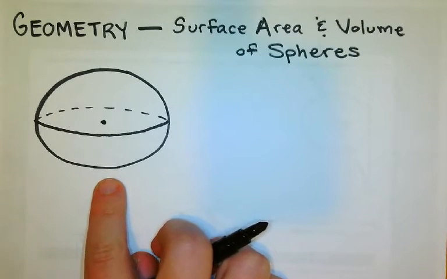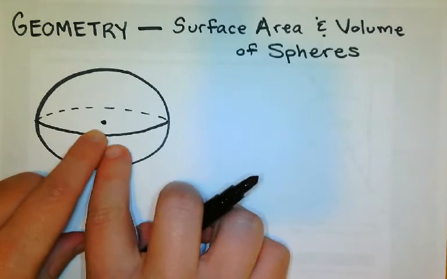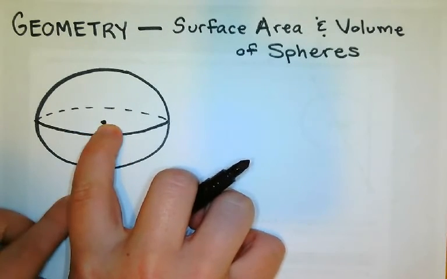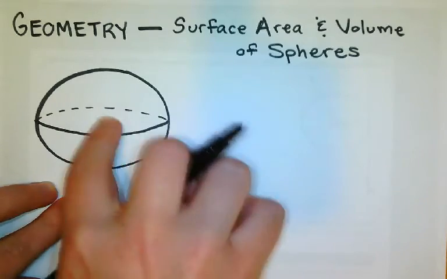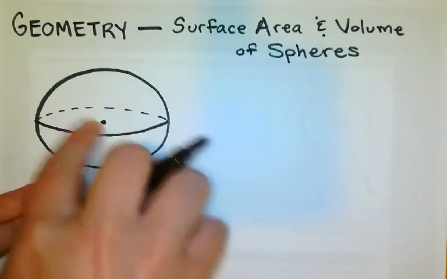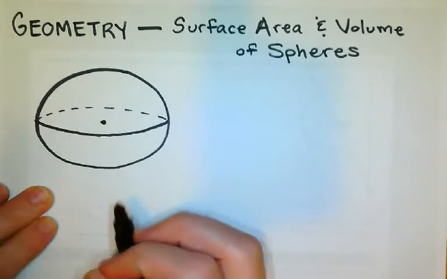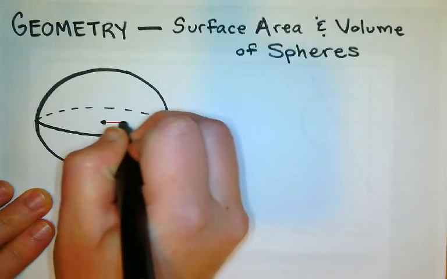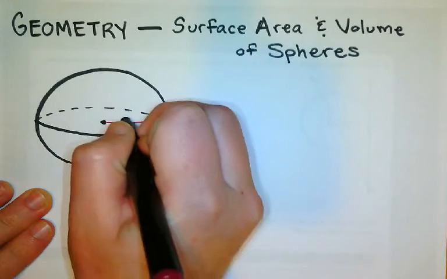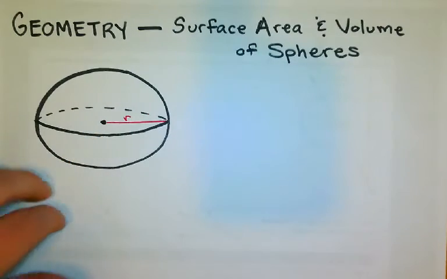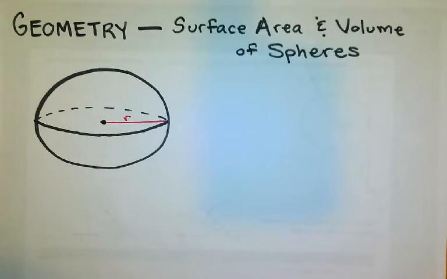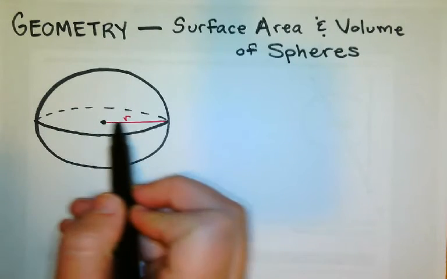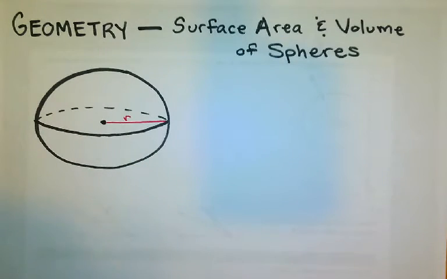So a sphere has a center that is exactly the same distance from every single point in your sphere. A lot of times this is where you're going to see your radius, or r. And if you see a line all the way across, that's your diameter, right?